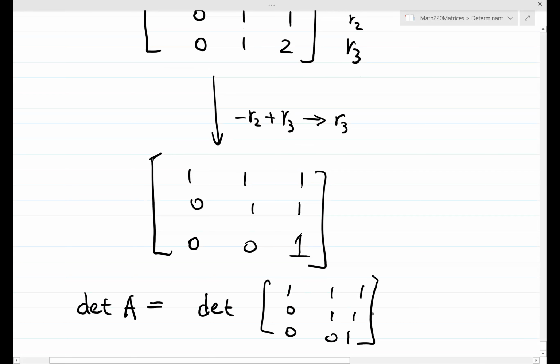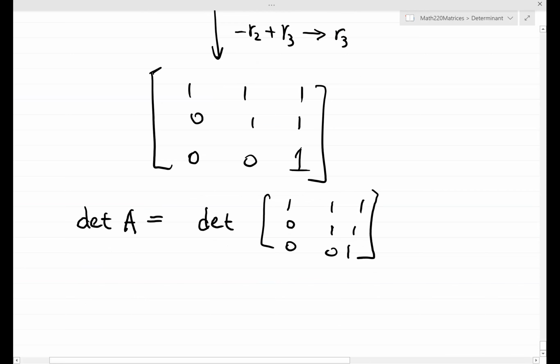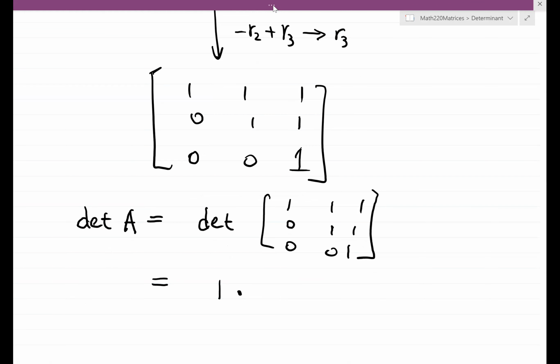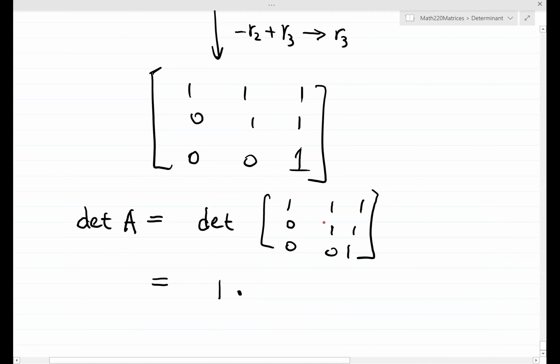For an upper triangular matrix, the determinant is the product of the main diagonal entries. The three 1s on the red line give 1 times 1 times 1, so it's 1.